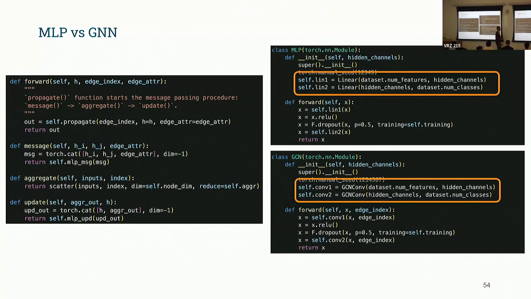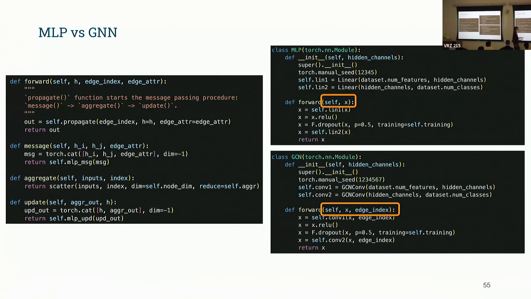And so in order to understand the differences between a traditional multi-layer perceptron, so basically a traditional feed-forward neural network, and a graph convolutional network, it's actually quite easy to implement something that uses this one or this one. The only difference is at the propagation level.